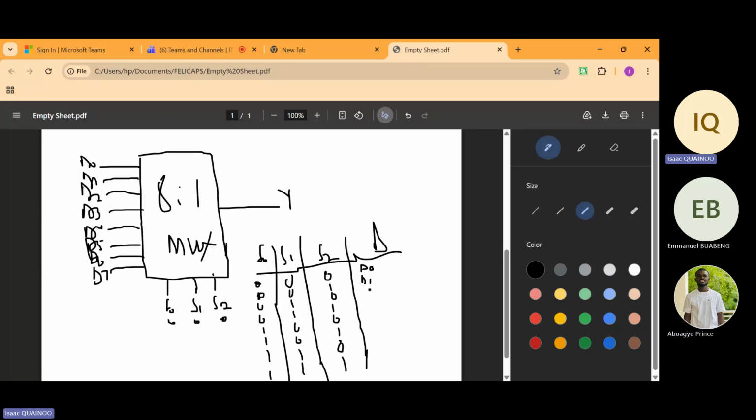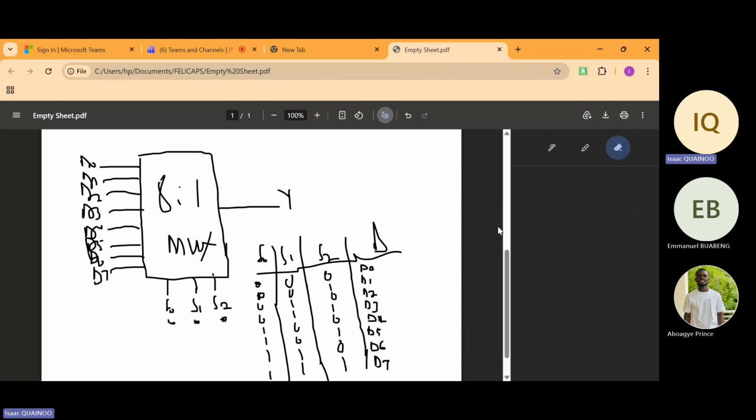Then we just proceed in that manner: D2, D3, D4, D5, D6, and then D7. Okay. So depending on the input combination you are given, you select the corresponding data line.